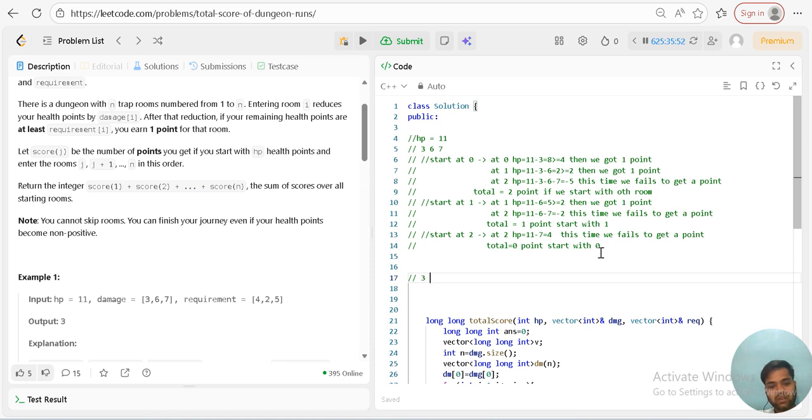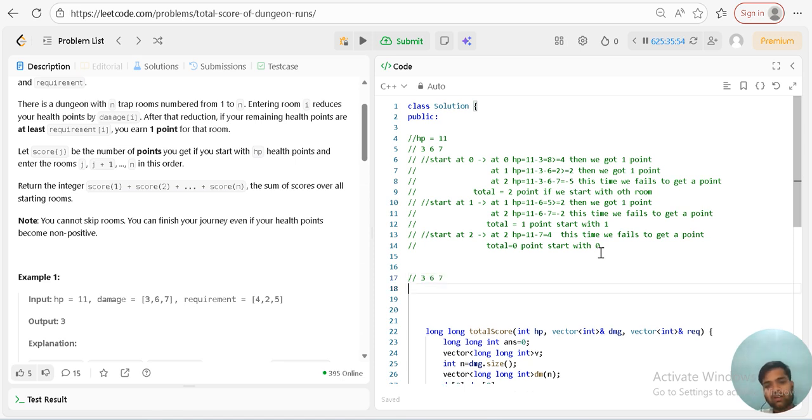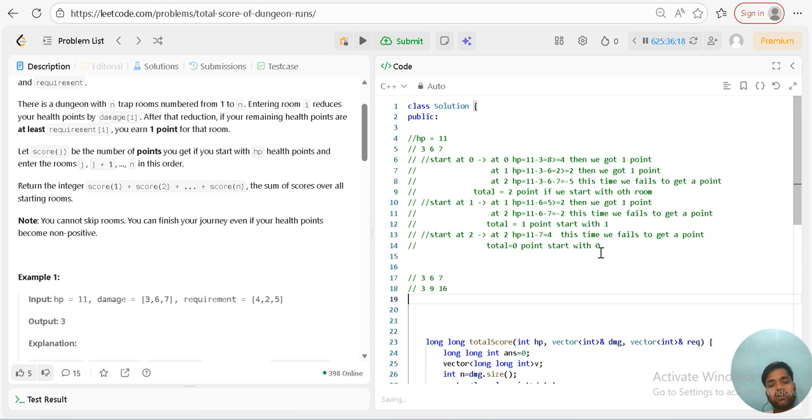The first thing in my mind is that we can do prefix sum, because we don't need to track the updated HP. At each moment we can reduce HP with the prefix sum.